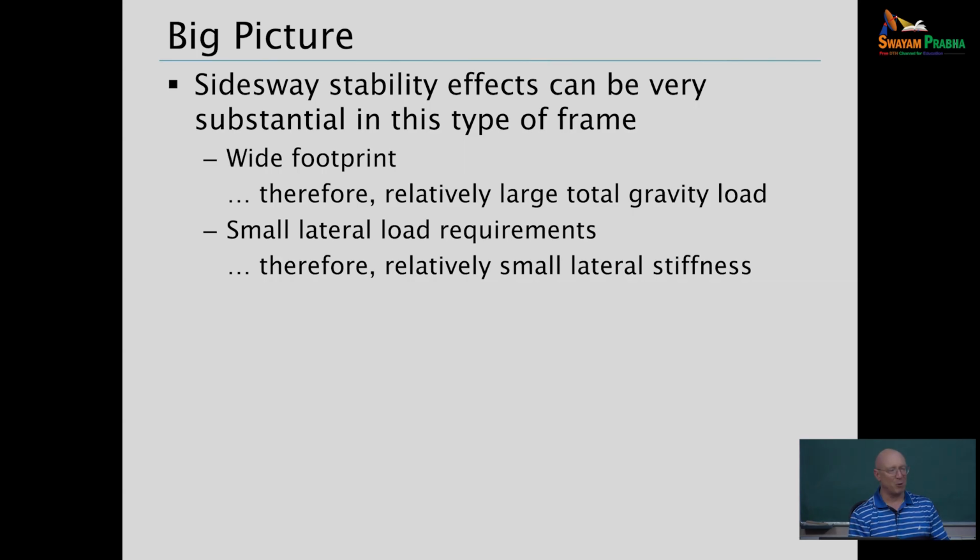In metal buildings, typically the metal siding, the cladding on the structure, is very forgiving, often very flexible, and so we can tolerate large drifts. We don't have to worry about controlling drift for serviceability considerations. Everything's in the mix there to where you've got to be really careful on this sort of a structure with your sidesway stability effects.